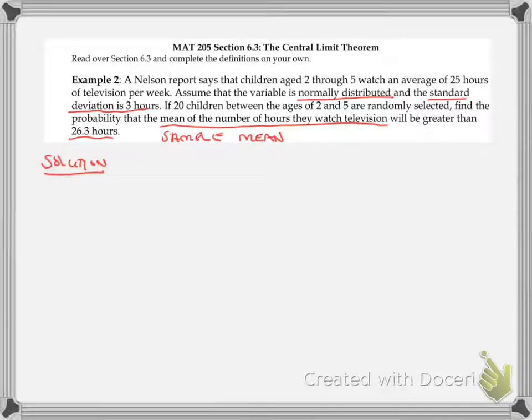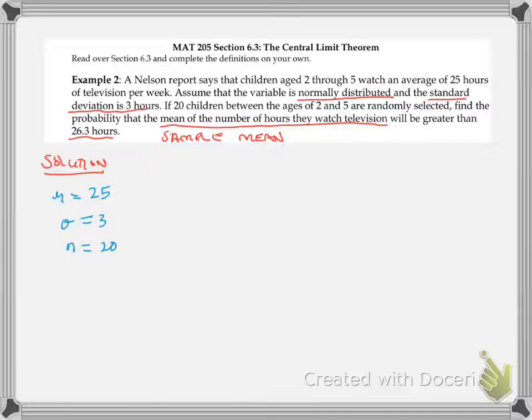We have mu, the population mean, is 25. Sigma is 3. N is 20, that's our sample size, which is fine because we're told it's normally distributed. If we weren't given that, then we would need 30 or more samples, whoever your participants are.